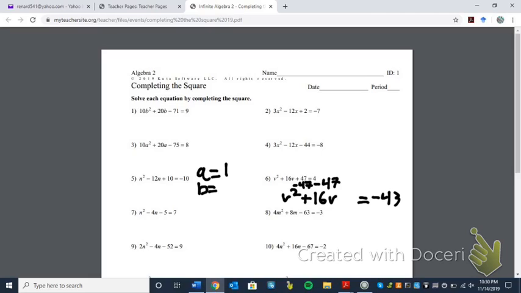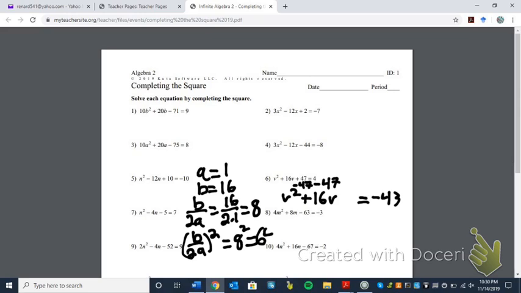So a equals 1, b equals 16. b over 2a equals 16 over 2 times 1, or 8. Then (b over 2a) squared equals 8 squared, which is 64. So that's the number we need to add to both sides in order to get a perfect square. We add 64 there, add 64 there.